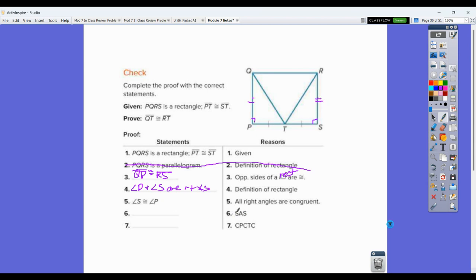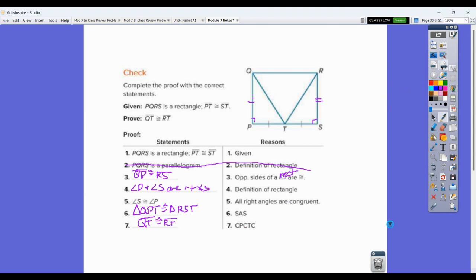So we have side-angle-side that we're able to use to prove the triangles congruent. So triangle QPT is congruent to triangle RST by side-angle-side. Now you could have potentially done this by leg, but they said that the angles were congruent, so that's where that one comes from. And then CPCTC allows us to say that the two other pieces, so QT is congruent to RT, by corresponding parts of congruent triangles are congruent.